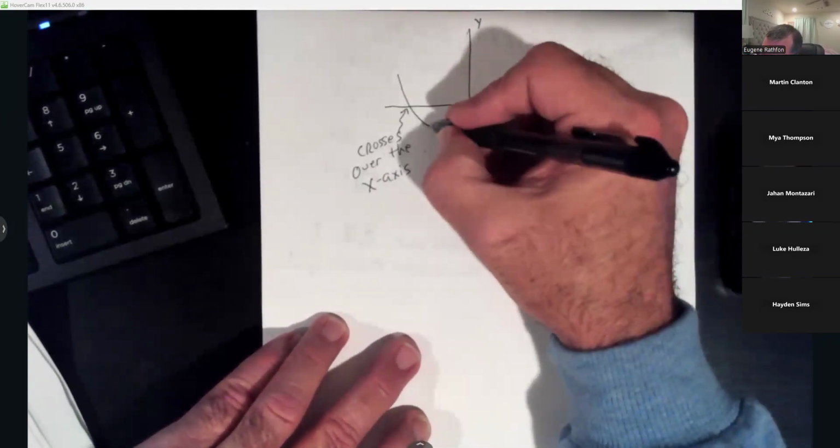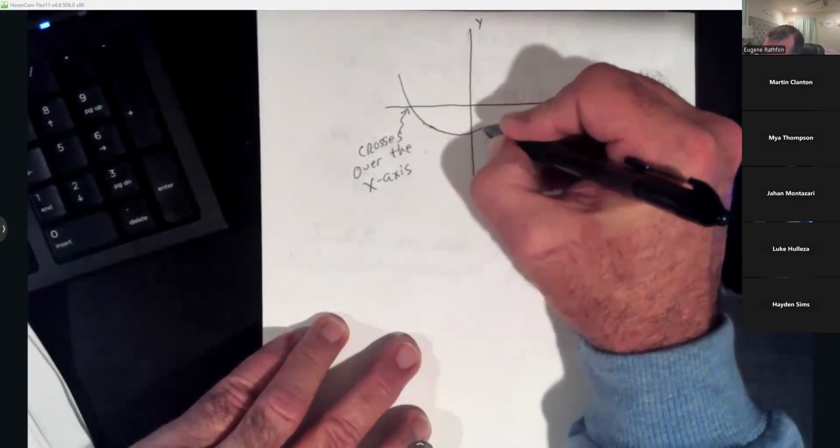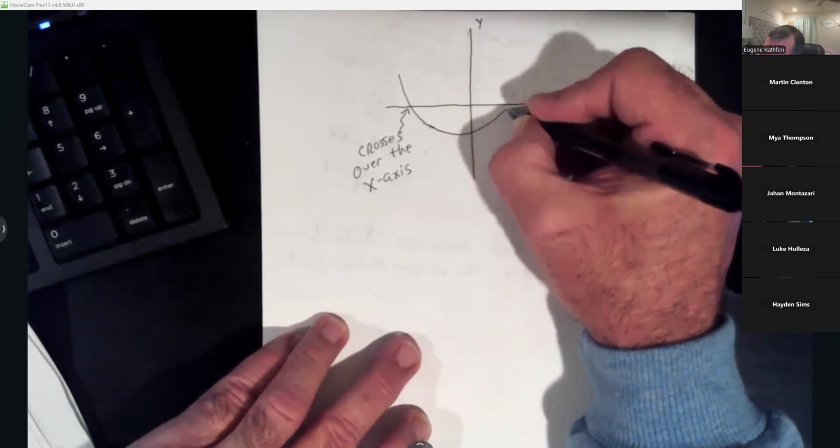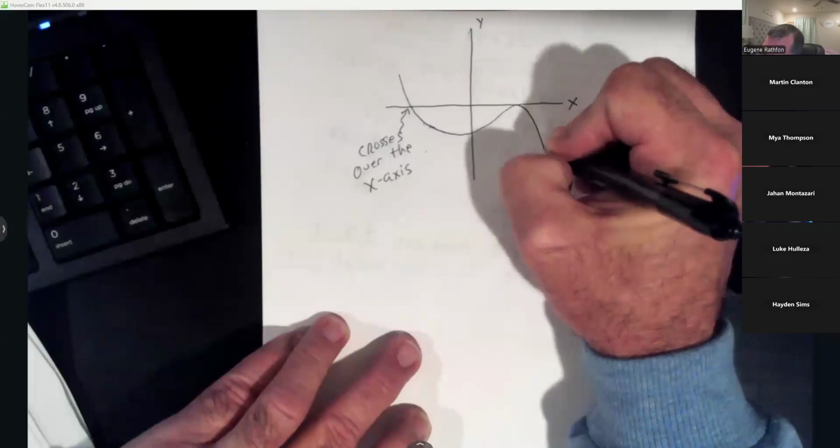But y'all, sometimes the graph will come down, it'll come up, it'll sort of touch that x-axis, and then it turns.